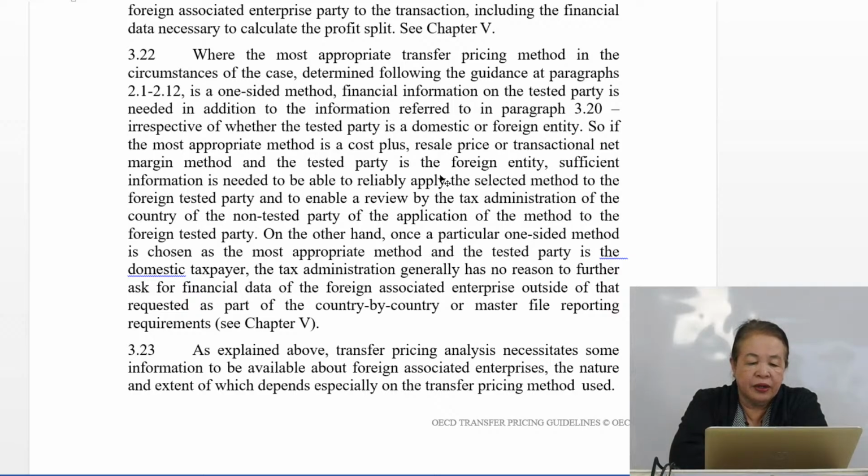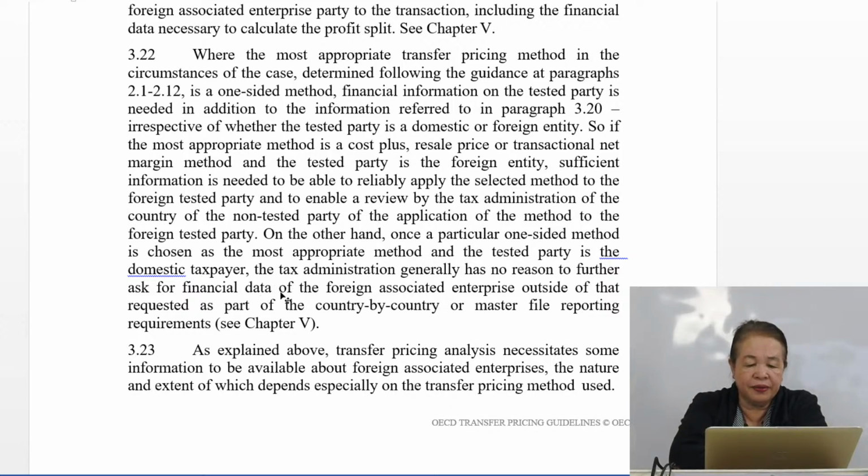No? On the other hand, once a particular one-sided method is chosen as the most appropriate method and the tested party is the domestic taxpayer, the tax administration generally has no reason to further ask for financial data of the foreign associated enterprise outside of that requested as part of the country-by-country or master file reporting requirements. No? See Chapter 5.